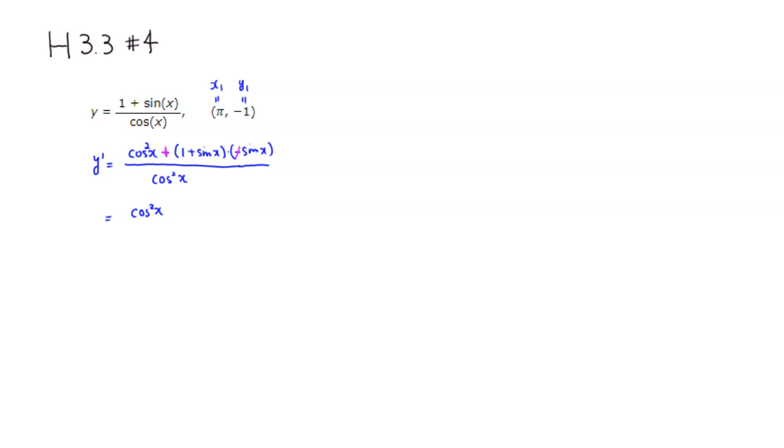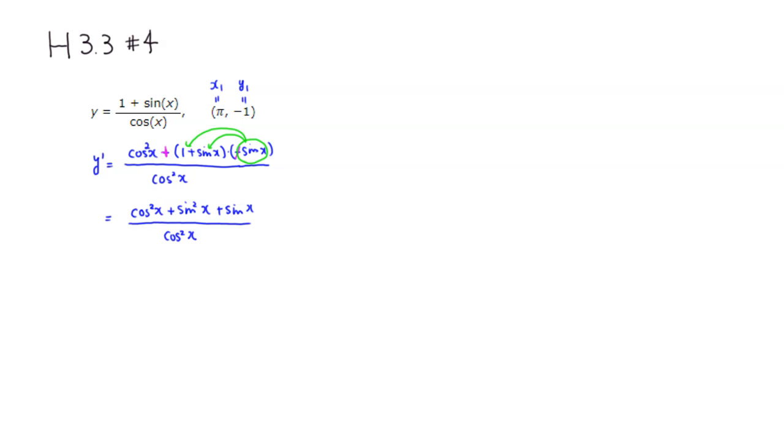If you distribute the sine of x to a sine of x, you get sine squared, so plus sine squared of x. Then you distribute sine to 1, you get plus sine of x. The denominator looks really nice, so I'm just going to keep it cosine squared of x.